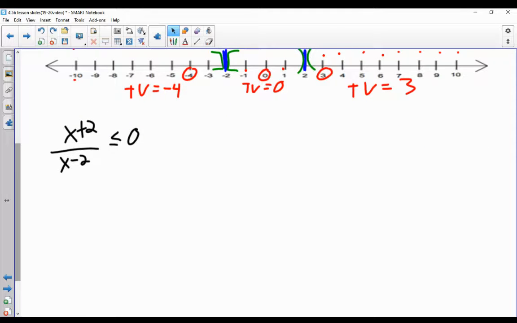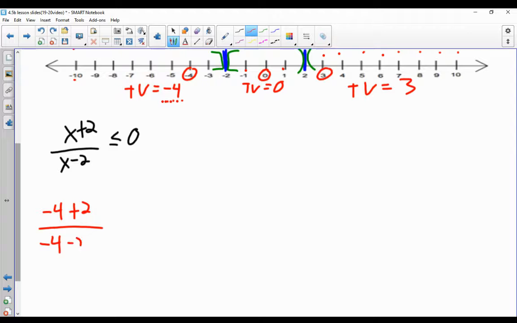So let's check out the first interval where I'm going to try plugging in -4. On top, I'm going to have -4 plus 2. On the bottom, I'm going to have -4 minus 2. Simplify from there. On top, you'll have -2. On bottom, you'll have -6, which, negative divided by negative, makes a positive, and 2 over 6 simplifies to 1/3.